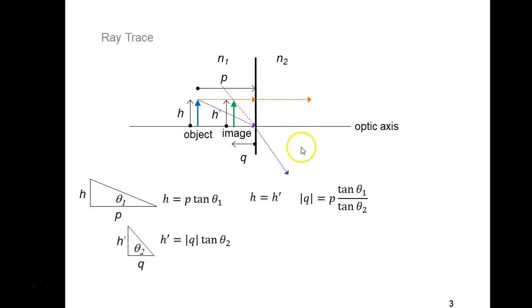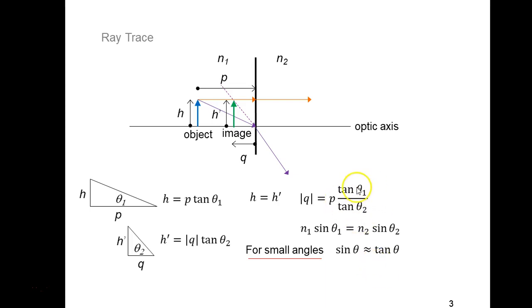However, if the viewing angles are small, which means your eye is pretty much on the optic axis or not too far off of the optic axis, then all those ray angles are relatively small. And we can use Snell's law, n1 sine theta 1 equals n2 sine theta 2, and the fact that for small angles, sine of theta is approximately tangent of theta.